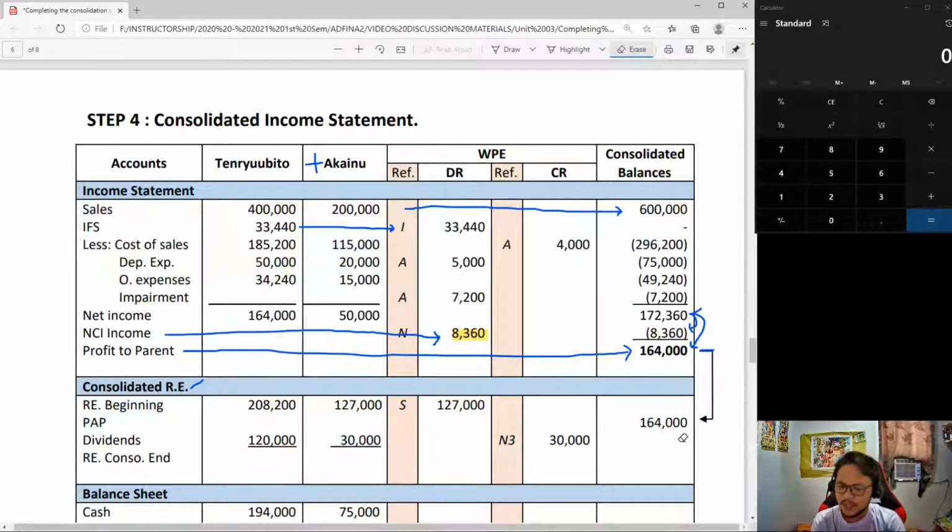Consolidated RE computation natin, meron tayong 3 factors now. So you have here RE beginning, 208,200, 127. Pero ang 127 na to, it is debited. I-eliminate natin yan kasi that relates to the subsidiary. So, the subsidiary's RE is eliminated at the beginning of the year pa lang. So, ito, this will not have any impact in our consolidated RE computation. Proceed tayo. Consolidated RE computation, ito po.